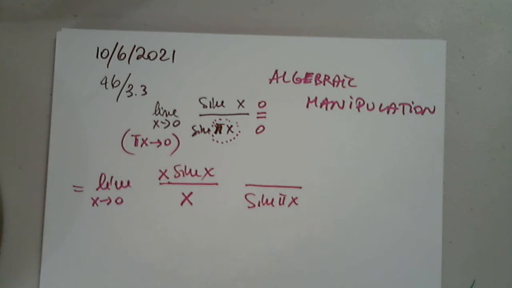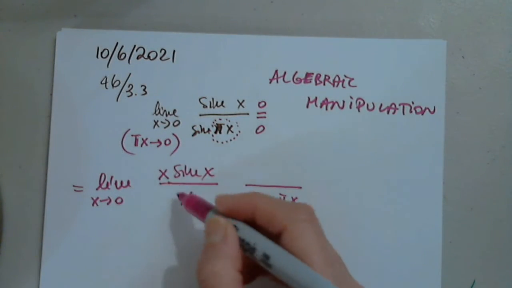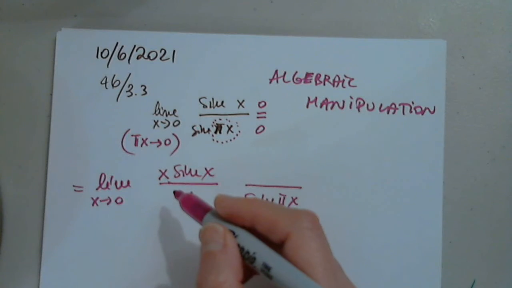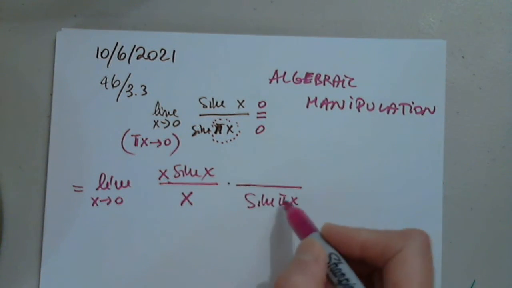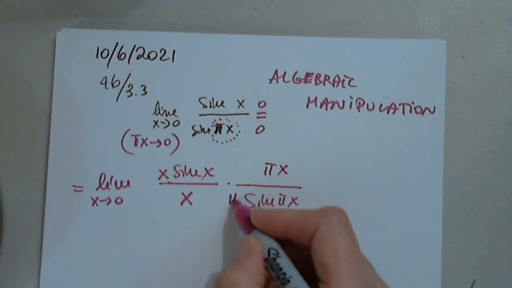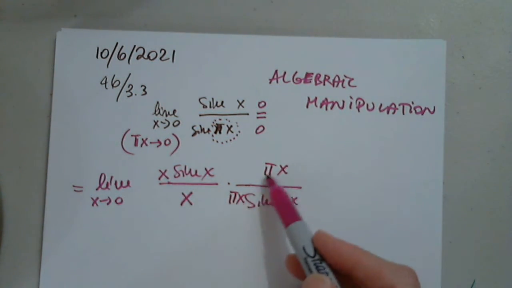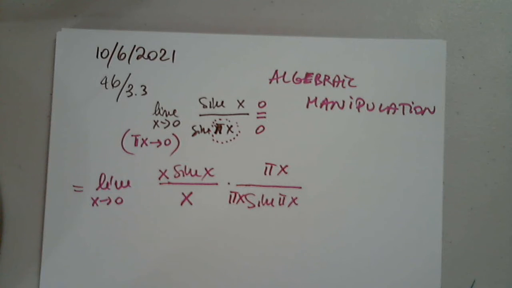Any questions so far? Not yet. So I can multiply top and bottom by x, right? This is 1, correct? Yes. Okay, so I will do the same thing with sine pi x. I need the pi x at the top and the pi x at the denominator because this is 1. Okay. It's just a simple algebraic manipulation.